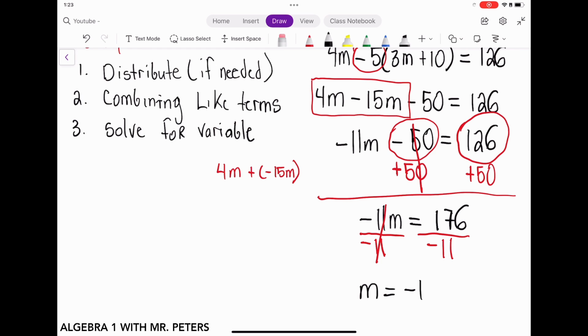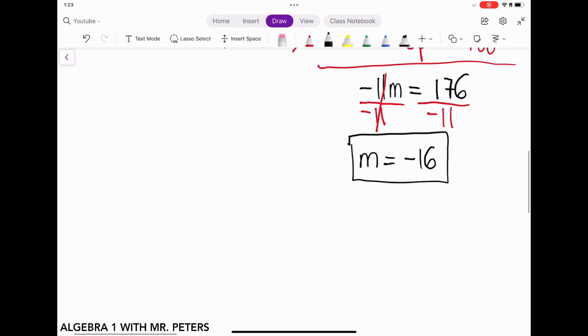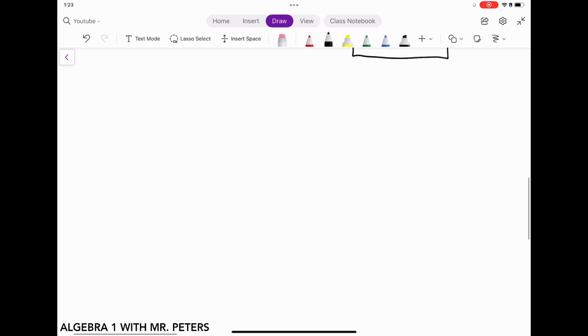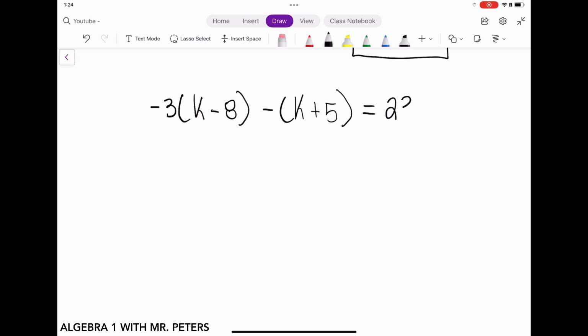All right? So let's try this one more time and look at a different problem. So let's scroll on down. Problem number 2. Let's write it out first. In our second problem, if you notice, we are going to distribute twice.